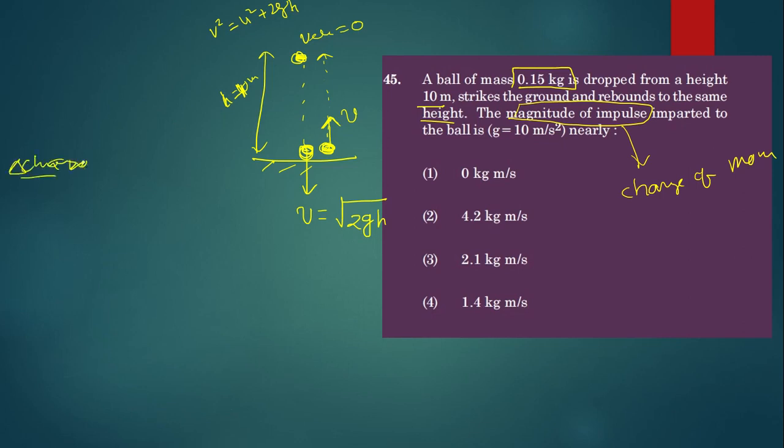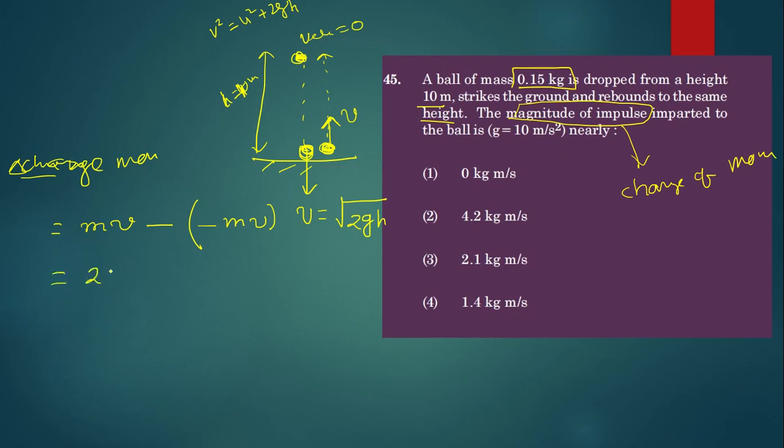Now, what is the change of momentum? The change of momentum will be equal to the final momentum minus the initial momentum. Final momentum is mass multiplied by velocity, if I take the upward direction to be positive, minus the initial momentum. Initial momentum is, since the velocity is downward, minus. If I consider upward velocity to be plus, downward I have to consider minus.